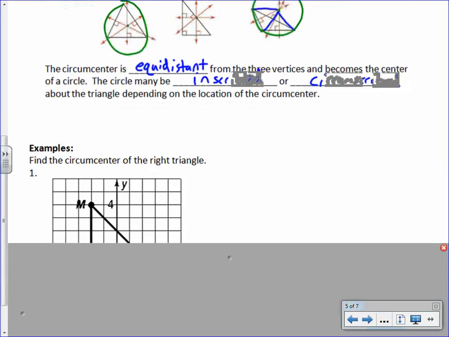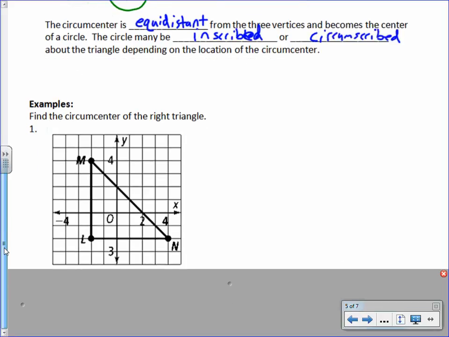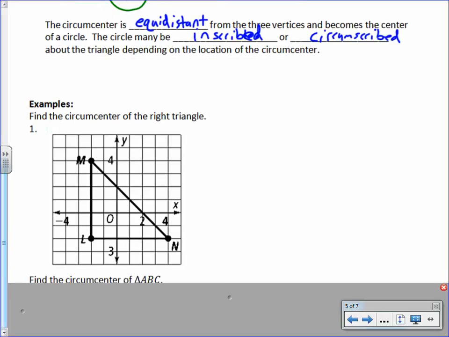Going on, we're going to do two examples of finding the circumcenter. Remember, that's where the perpendicular bisectors intersect. So if you have a picture, especially if it's a right triangle where the two sides are vertical and horizontal, draw the perpendicular bisector.